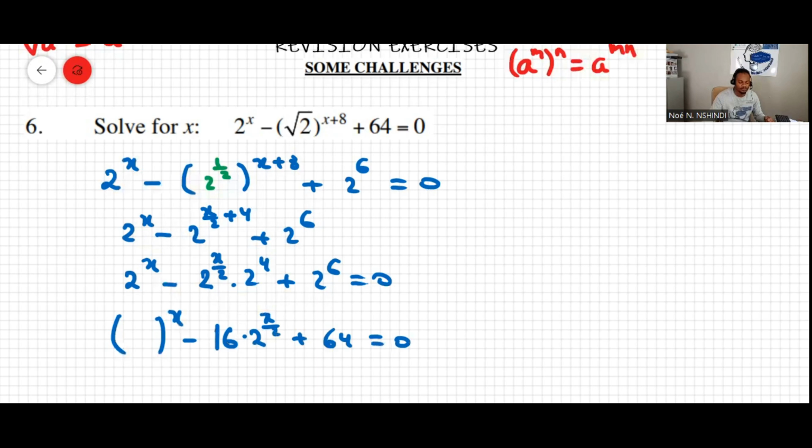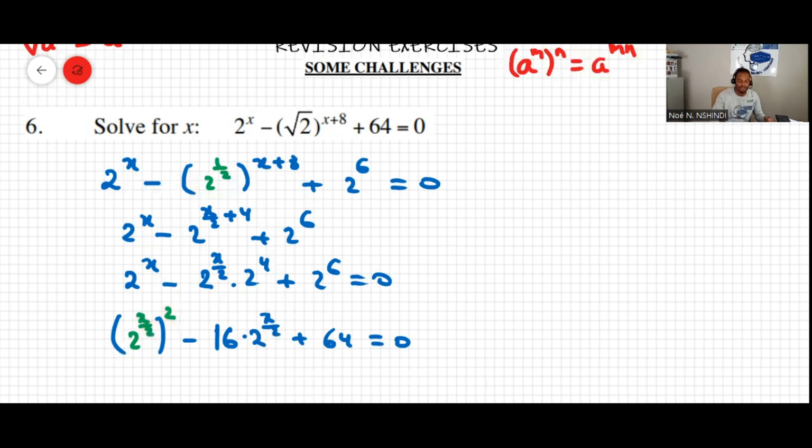Okay, so over here, instead of writing 2 to the x, I am going to write 2 to the x over 2, squared. I know that if I raise it to the power of 2, the exponent here will just be x, but I prefer to write it as 2 to the x over 2 to have something similar to that.